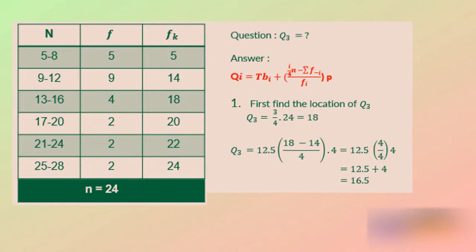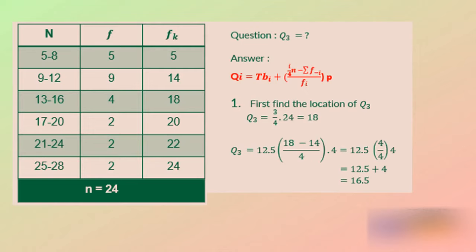Then Q3 is located on the cumulative frequency containing the number 18. It will automatically be located here at the cumulative frequency of 18. Then in this class, the Q3 value is located. Just enter the formula. Remember that Q3 is in the cumulative frequency class 18. Then for TB-Q3, it is obtained from 12 plus 0.5 equals 12.5, plus 3 per 4 times n.